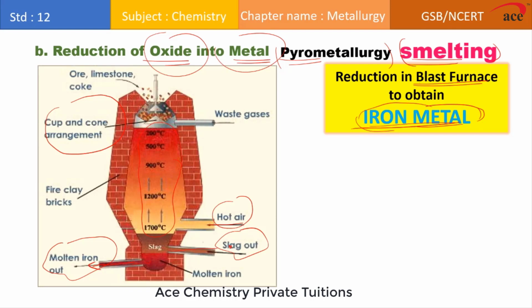As the charge from the top is added, this hot air is passed through the bottom, and this process takes place simultaneously, and this entire reaction is converting metal oxide to metal. This entire furnace consists of four zones: zone of combustion, zone of reduction, zone of slag formation and zone of fusion. So now we will learn in detail about the functioning of the blast furnace.